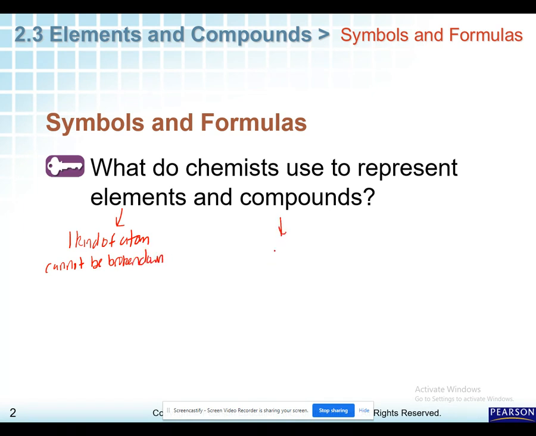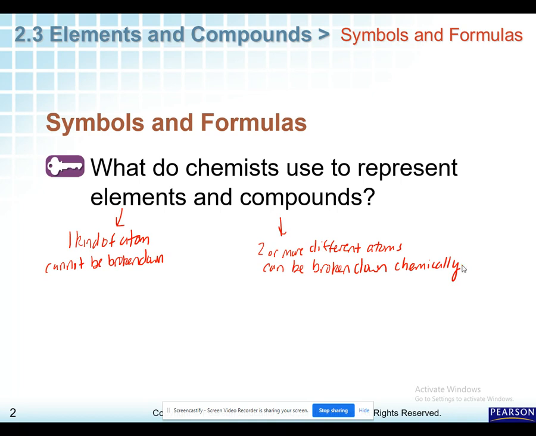Compounds, on the other hand, are made up of two or more different atoms or elements, you could say, and they can be broken down. And remember, they can be broken down chemically, so only through chemical means.